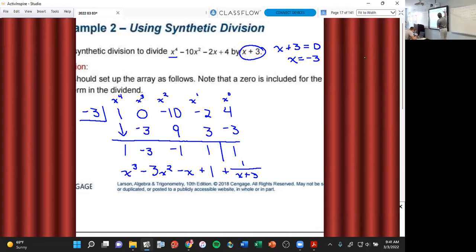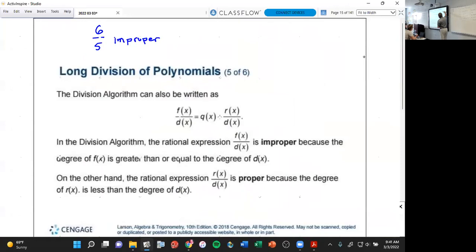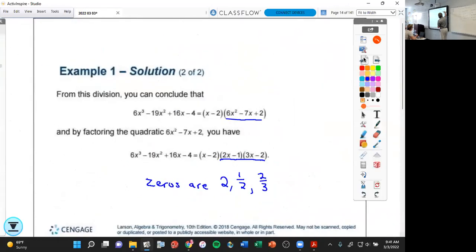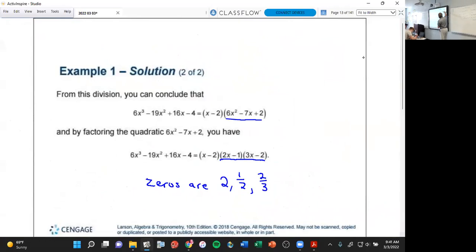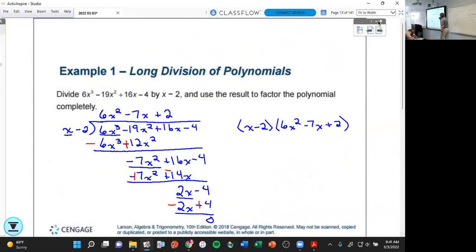Okay. I'm going to go back a couple slides. This one had a remainder of 0, correct? I'm going to do this one with synthetic division. What am I dividing by?